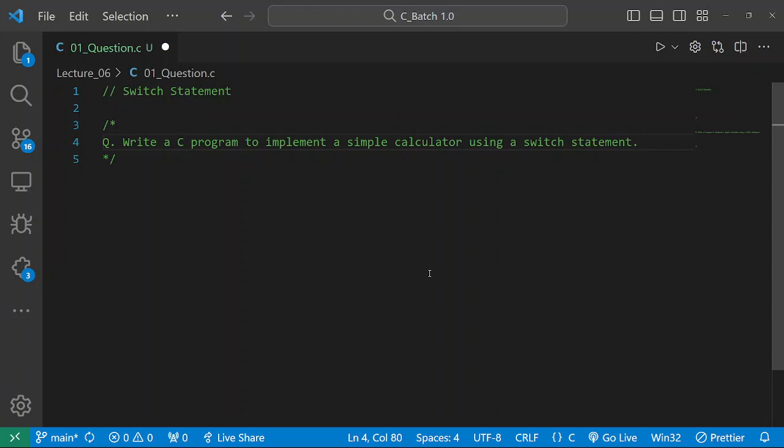Okay, so what should be your approach for developing a simple calculator? Whenever a question comes to you, take 5 or 10 seconds, read the statement properly, and with a good face and a good smile, try to answer the interview.